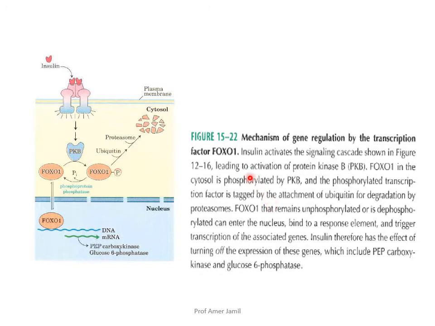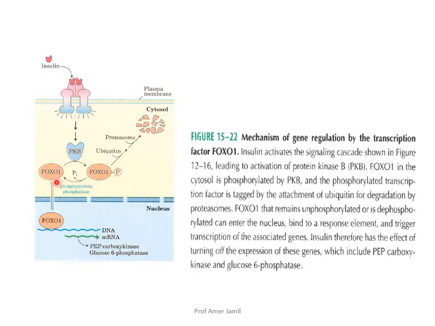Here is another example in which insulin comes outside the cell membrane and binds to its receptor. In this case, the transcription factor which is activated is called FOXO1. And this is quite the reverse of the previous example, because in this case, FOXO1, when it is phosphorylated, is degraded in the cytosol.